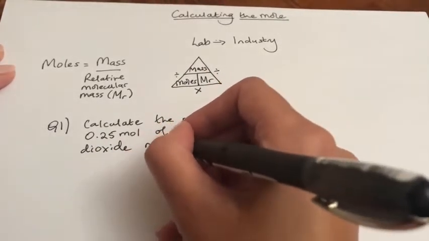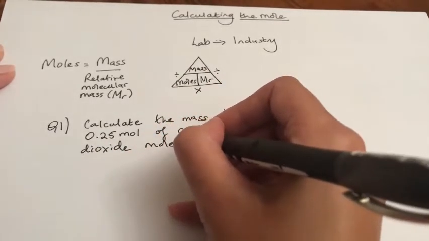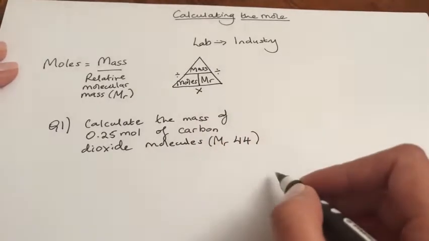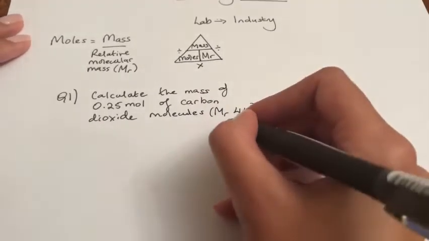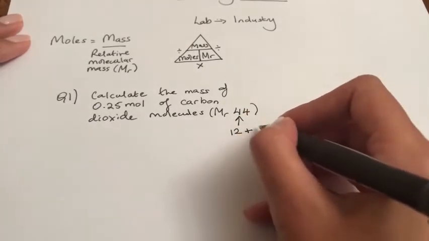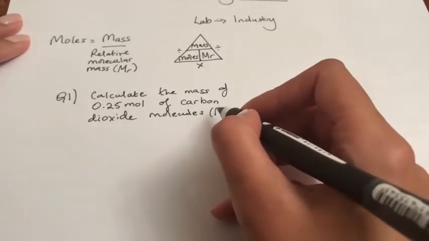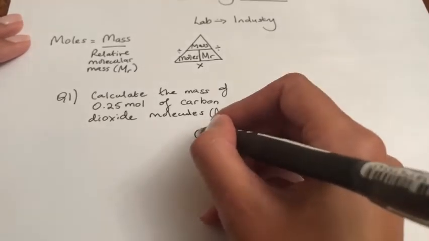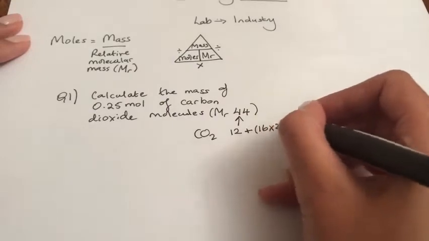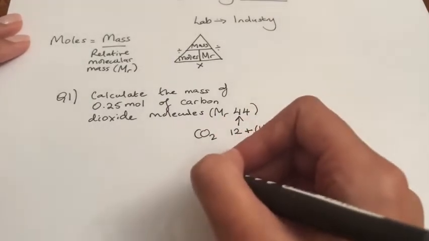And I already know what the MR is, so calculate the mass of 0.25 moles of carbon dioxide molecules, MR being 44. Now, as a quick reminder, the 44 comes from the atomic mass of carbon, and you have to add it to 2 atoms, remember, of oxygen, and that gives you the 44 value.